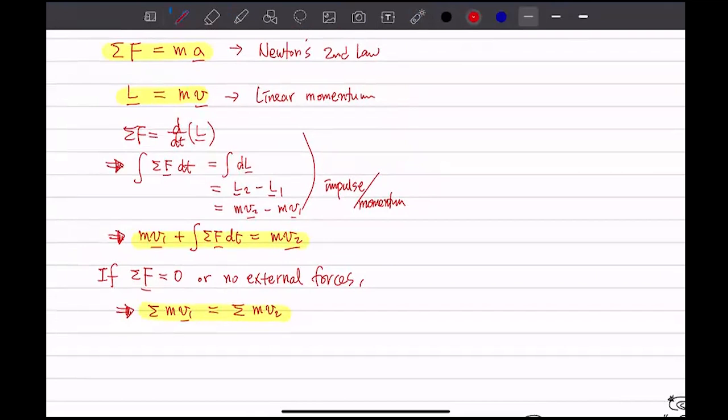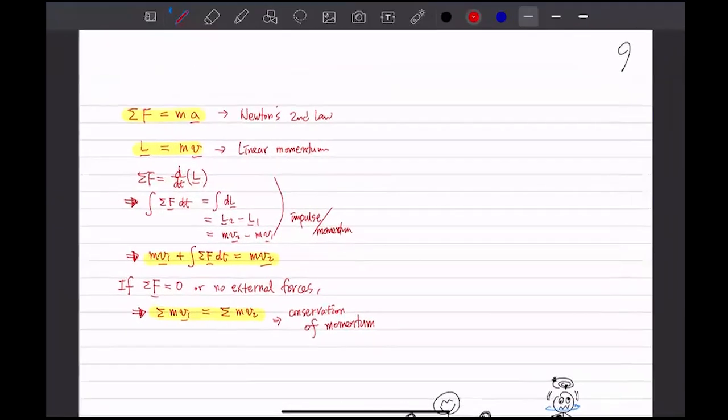This is conservation of momentum. Got that?